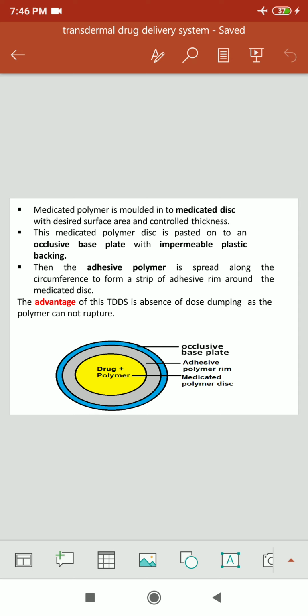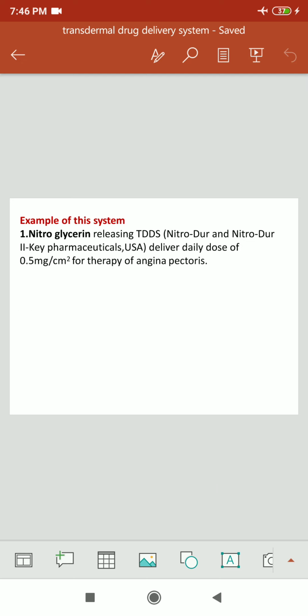The property of that occlusive base plate is to protect the drug plus polymer. Due to this, the medicated polymer disc has an advantage: because the device is covered with many layers, there is a low chance of dose dumping.